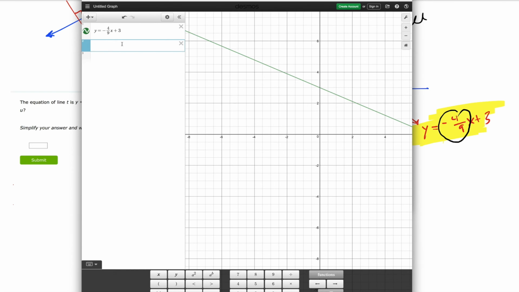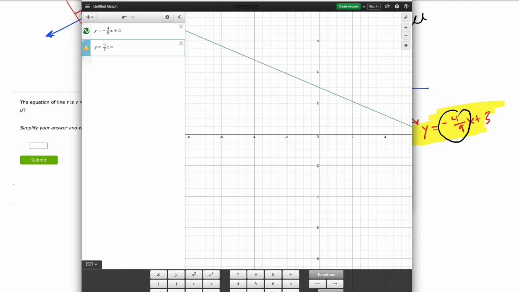What is the slope of the other line? What does it have to be if it's perpendicular? So y equals positive 9/4 x. So the slope is 9/4, but you have to have the x. But I don't know where it's going to be.